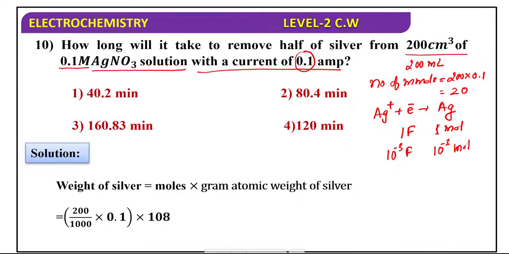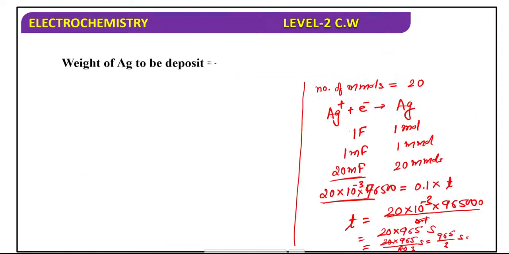अच्छा, how long will it take to remove half of the silver? See, how long will it take to remove half of the silver from this? Yes, half of the silver.